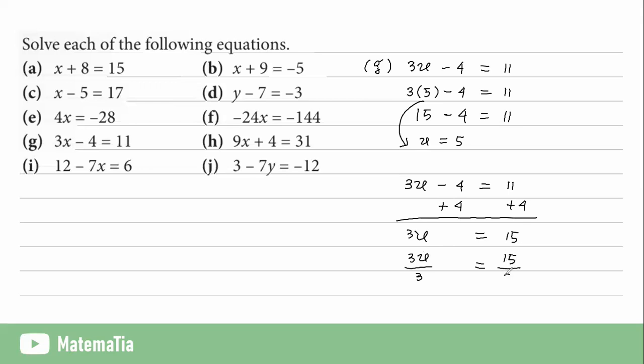So it's also divided by 3, because we divide the left-hand side by 3, so we have to do the same on the right-hand side. So here we have 1x, or x. So 15 divided by 3 is equal to 5.